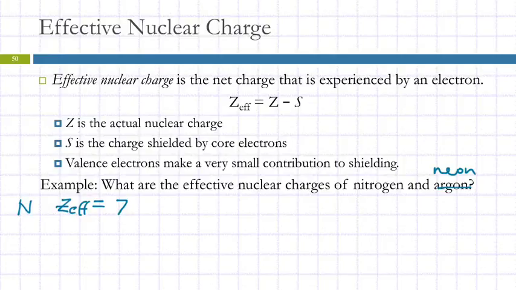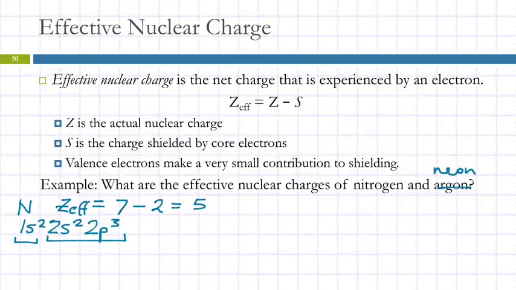So if we look at the electron configuration for nitrogen, 1s2, 2s2, 2p3, right? So these are the valence electrons, and these are the core electrons. So there's 2 core electrons. So 7 minus 2, so we've got an effective nuclear charge of 5 for nitrogen.